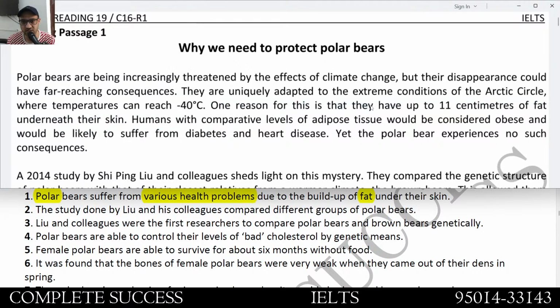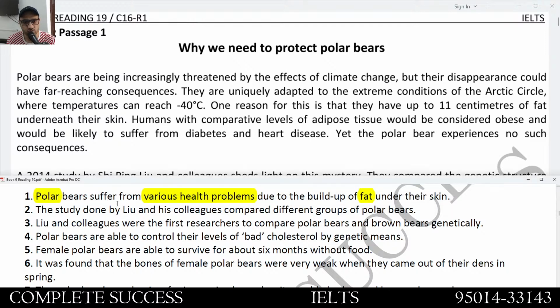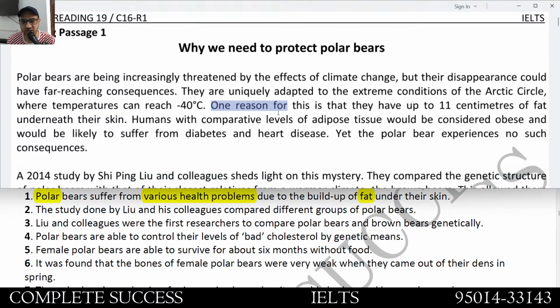Humans with comparative levels of adipose tissues would be considered obese and would be likely to suffer from diabetes and heart disease. Yet the polar bear experiences no such consequences.